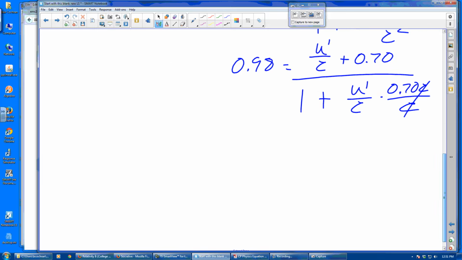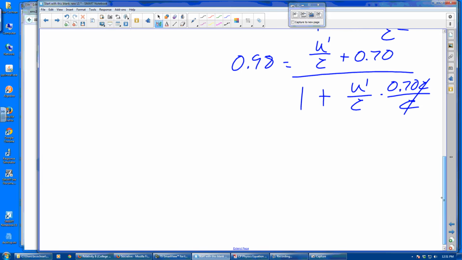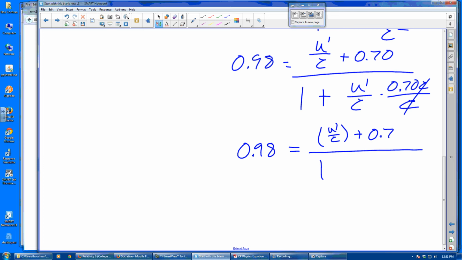And I'm left with 0.98 equals u prime over c plus 0.7 over 1 plus u prime over c times 0.7.